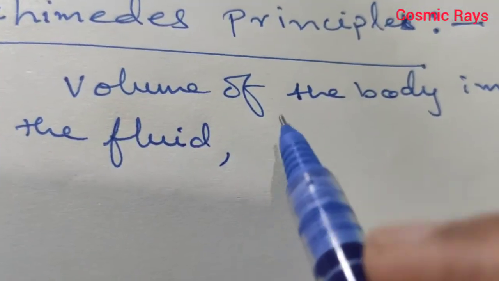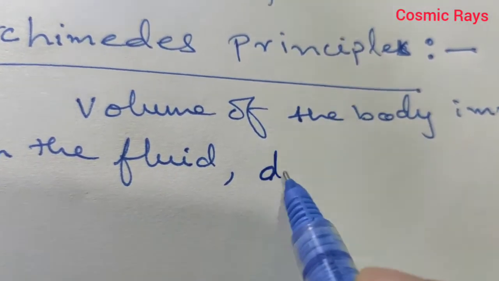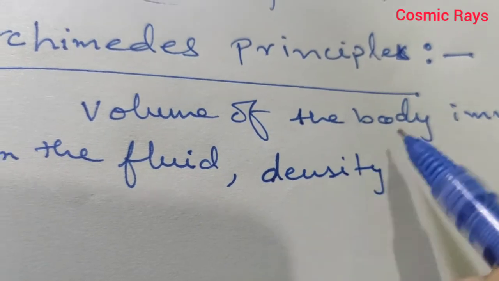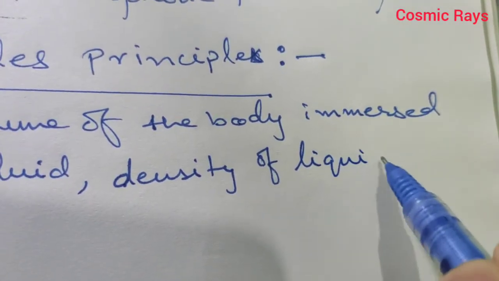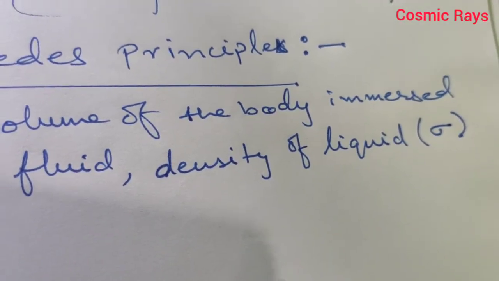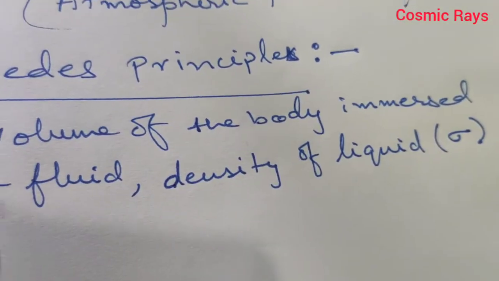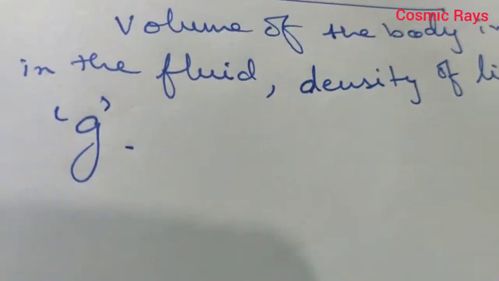Next, it will also depend upon the density of the fluid or liquid, which we will denote as sigma. And finally, it will also depend on acceleration due to gravity.